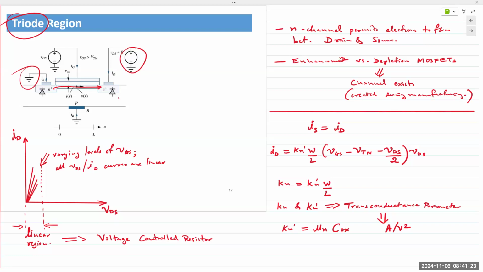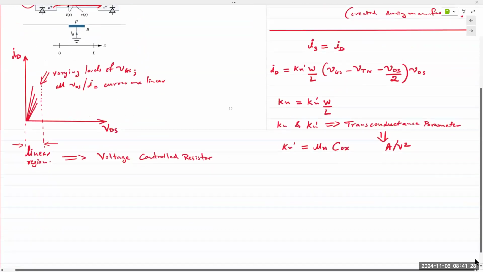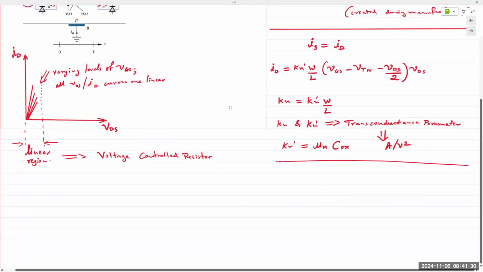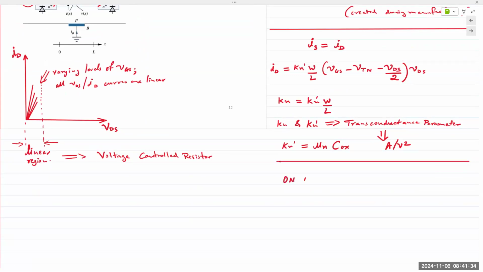In the triode region, there's one more parameter, and that is on resistance. Remember, it behaves like a resistor.